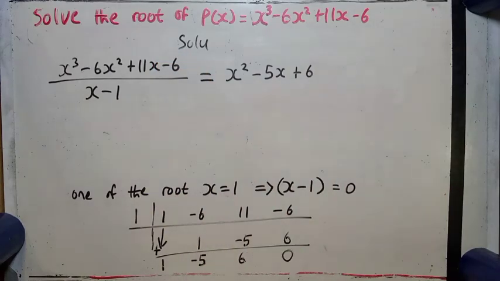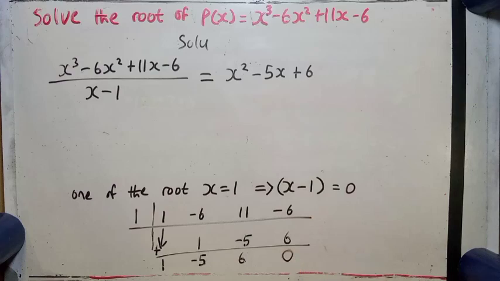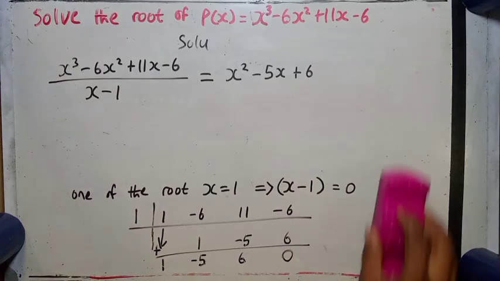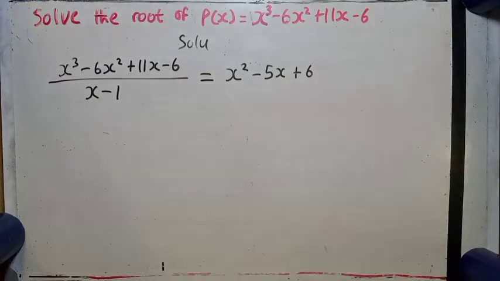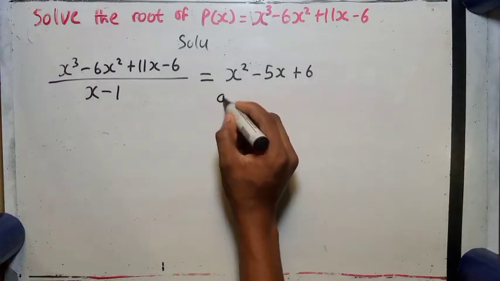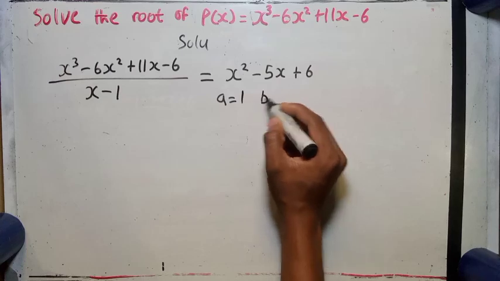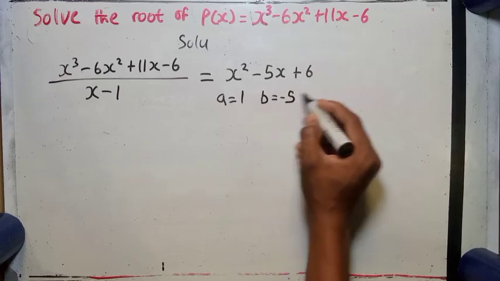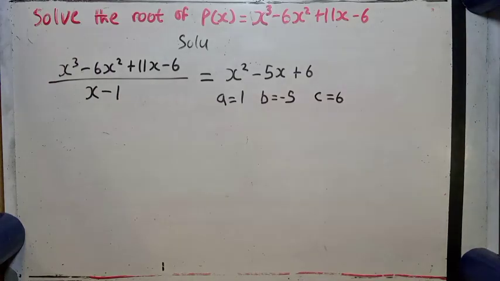Now we have gotten 1 root. Now we can get the remaining from this quadratic equation. Now using our almighty formula, we will say that our a is 1, our b is minus 5, and our c is 6.